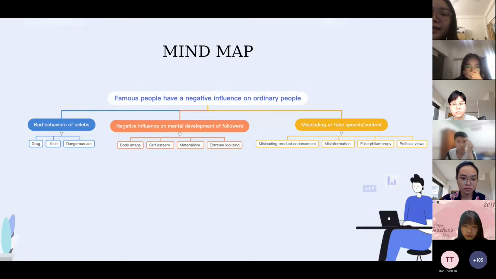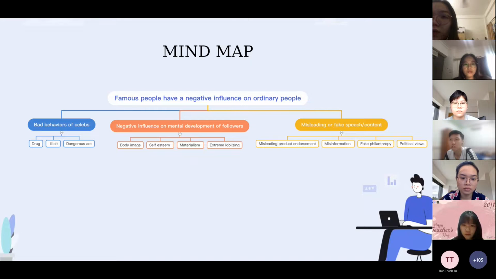The next one is the negative influence they might cause on the mental development of their followers. And finally is their misleading or fake speech or content that's causing harm. Within the bad behaviors of the celebrity, of course, we have to mention the drug using, illicit activity or illegal acts, and of course their encouragement on dangerous activity as well.